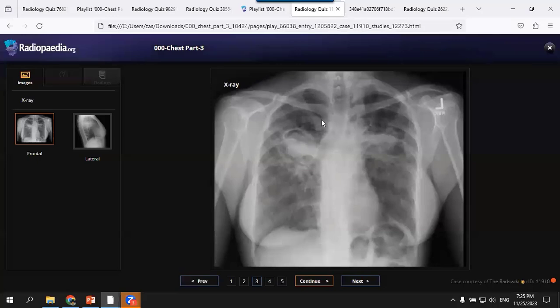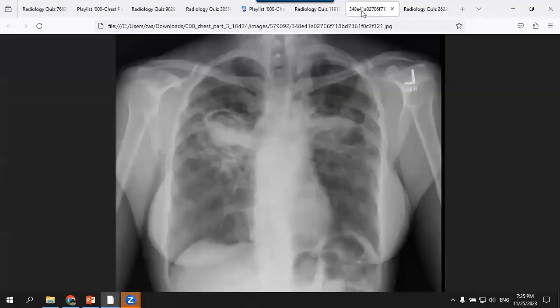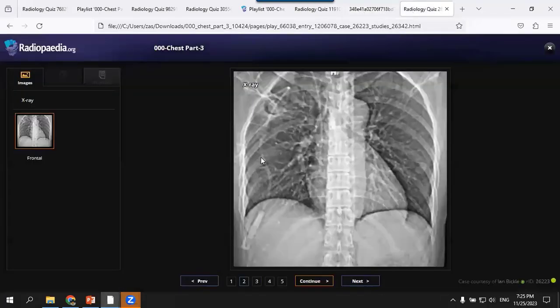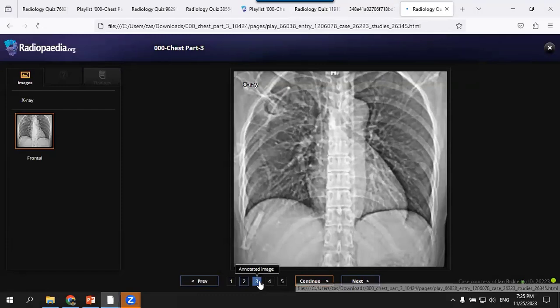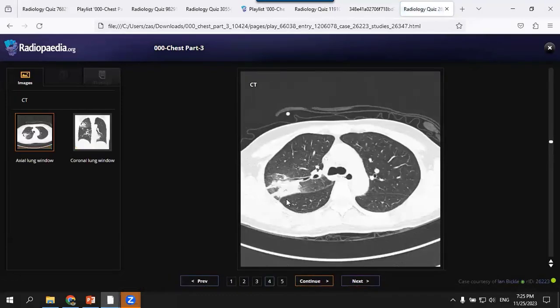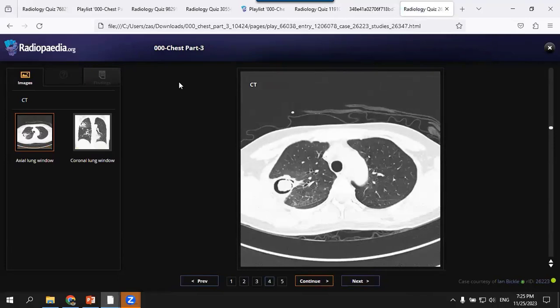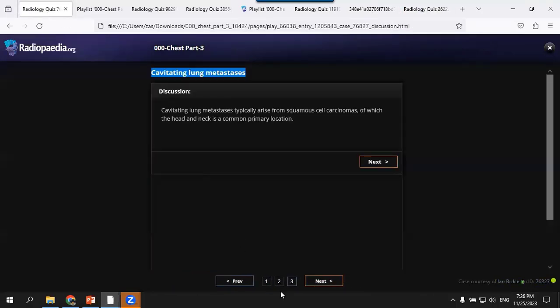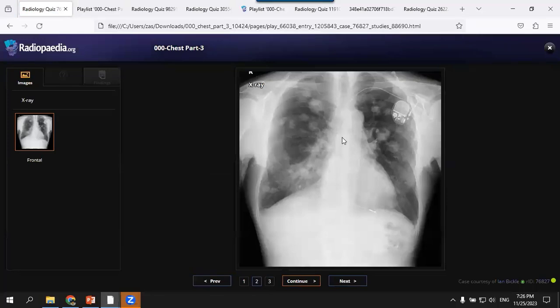Sarcoid and TB both are granulomas. Good. I think this is a classic easy case. Just to finish, this is a classic appearance of Aspergilloma. So, multiple cavitating lung lesions, usually seen as nodules.